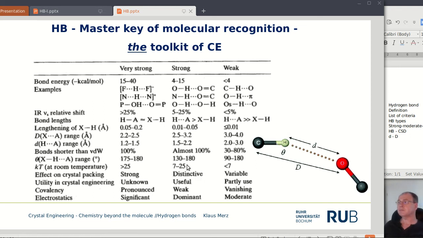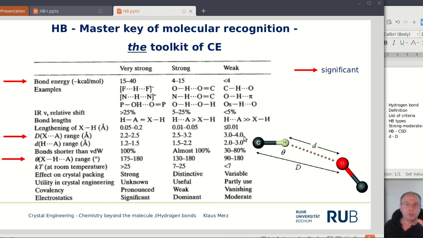Here I've marked the significant properties. I would say the bond energy is significant. And I've also marked the distance between the donor and acceptor, the X range.